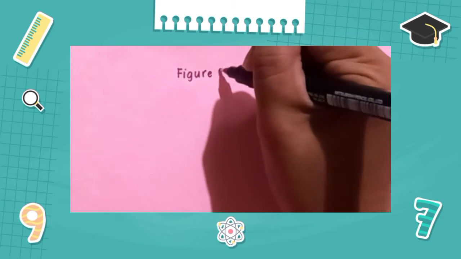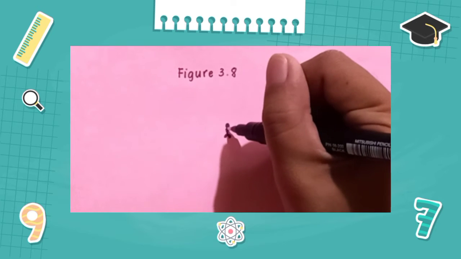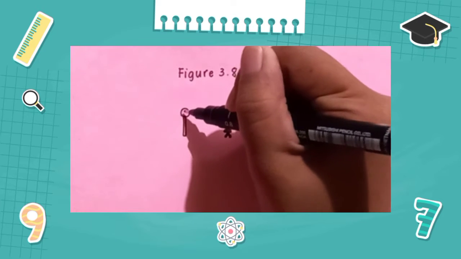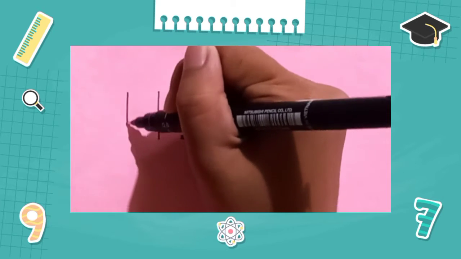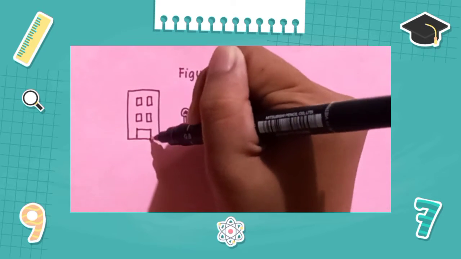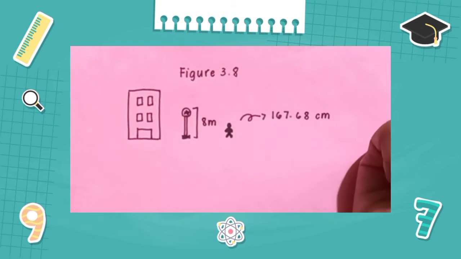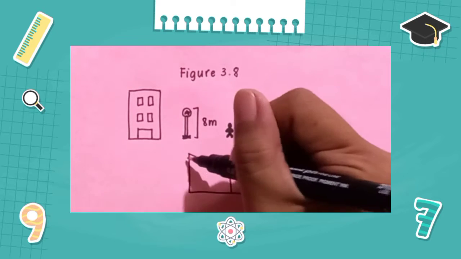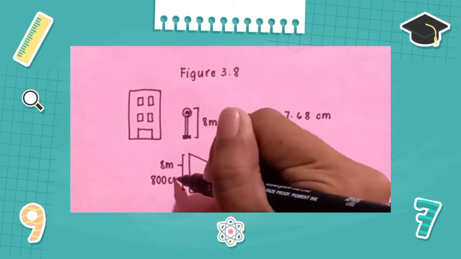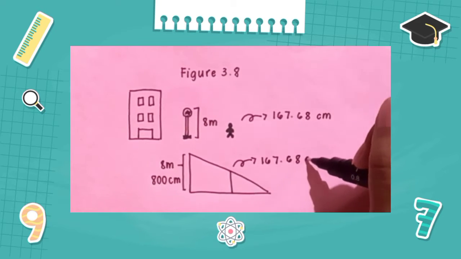So for us to better understand the problem, we have to draw the figure first. It is stated that the man is 167.68 centimeters tall and is walking directly away from a lamppost. So the lamp must be behind the man and it should also be 8 meters above the ground.